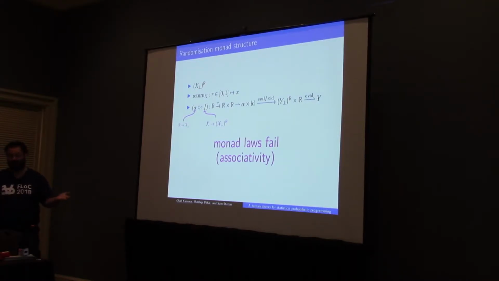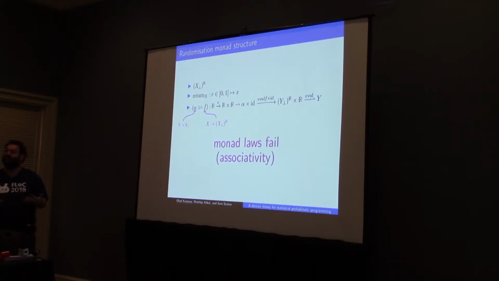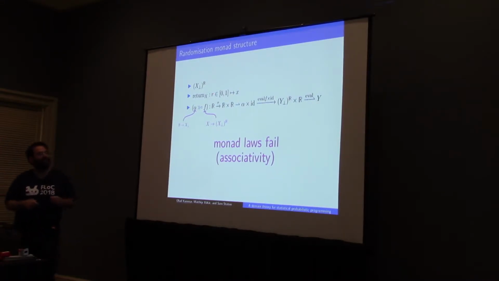It's a function from the reals to lifted X. That's exactly what we wanted to have. And it actually has a monad structure. What does it look like? If I have some x, return x is the random element that puts measure 1 on x, and then everything else is undefined, peeling off the rest of the probability.